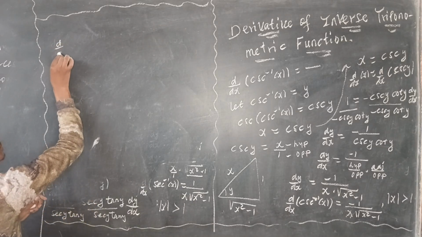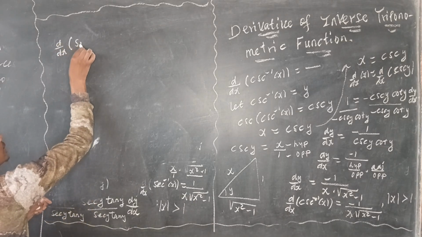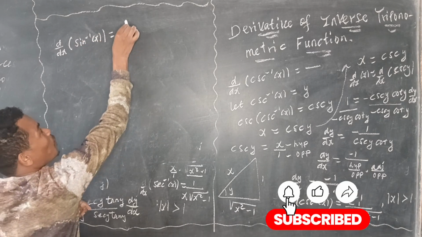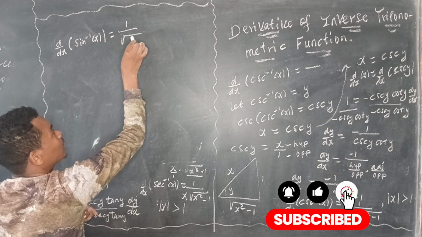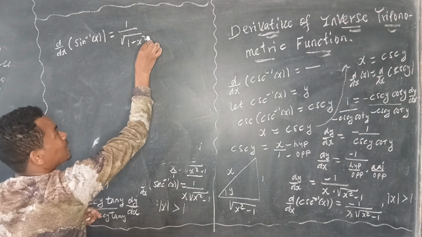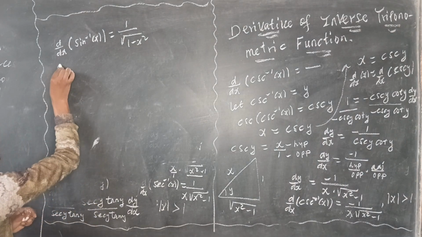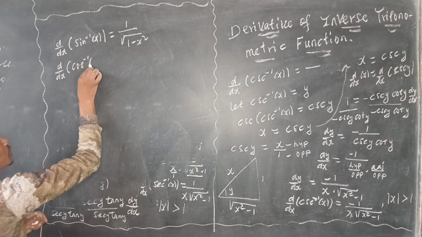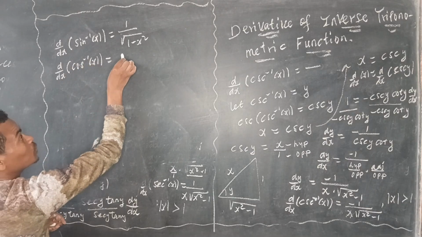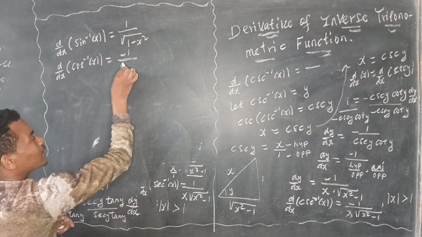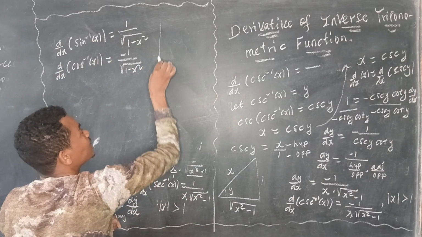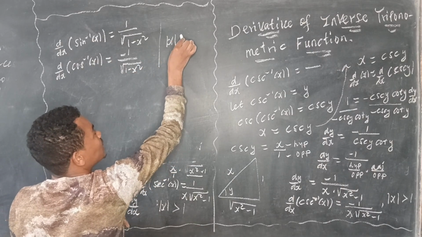D by dx of sin inverse of x is 1 over radical 1 minus x square. D by dx of cos inverse of x is equal to minus 1 over radical 1 minus x square, and the restriction in this case is absolute value of x is less than 1.